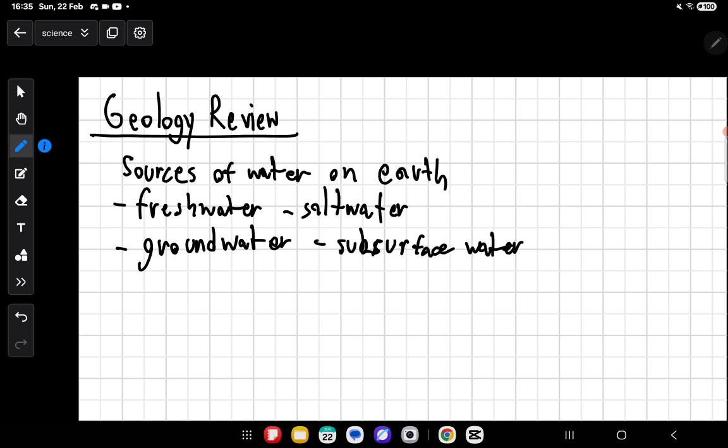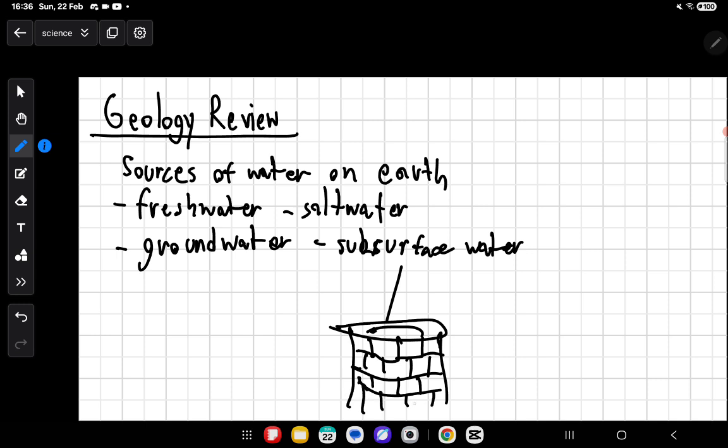So you can obtain subsurface water with what we call an artesian well. So this is the artesian well. The spelling might not be correct, but you get my point.